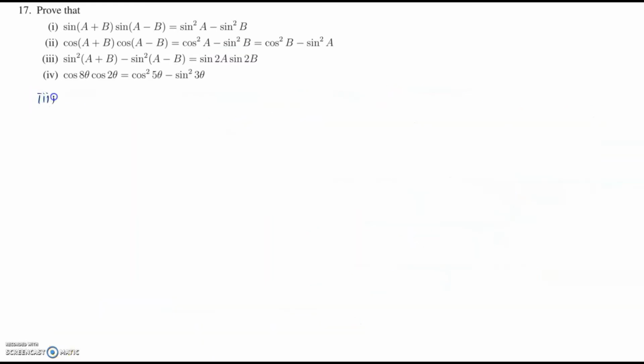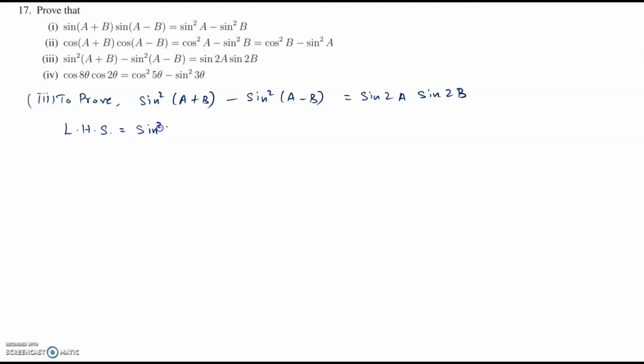Question number 3. To prove sin squared (A+B) minus sin squared (A-B) is equal to sin 2A sin 2B. So let's take the left hand side first. So LHS is equal to sin squared (A+B) minus sin squared (A-B).